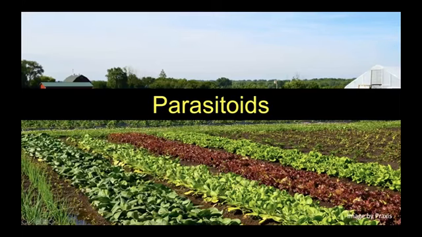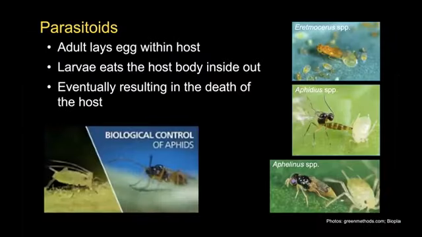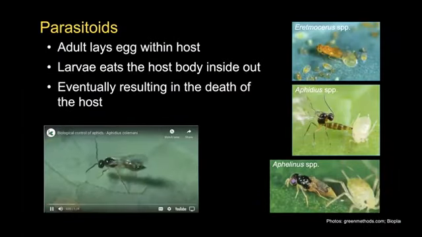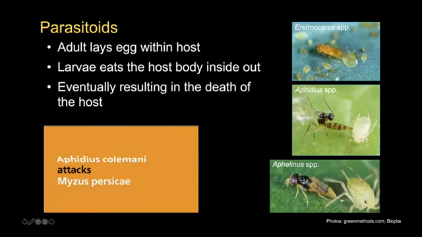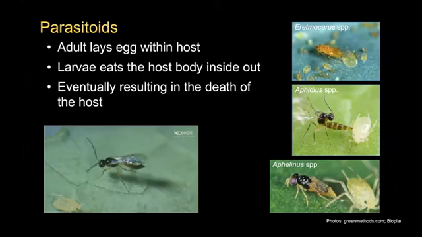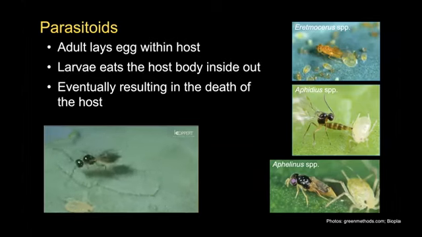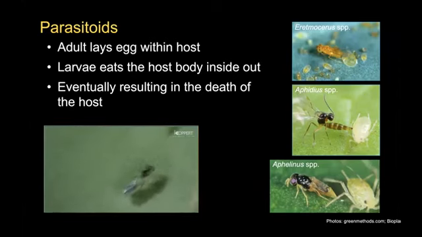Now I'm gonna switch gears and I'm gonna talk about parasitoids, which do not consume or suck out the content of the body of the pest, but instead the adult of these biological agents, they lay egg within the pest's body. So what you will see in this video is this adult female wasp that is looking for this host, in this case, aphids.